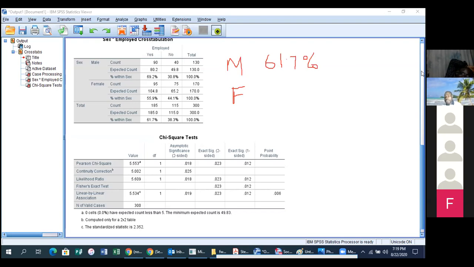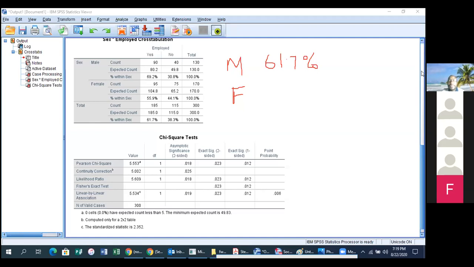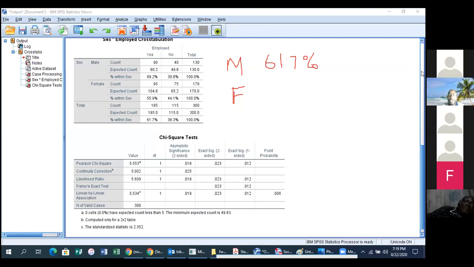If nobody did it, Fatima did it for me, Jerry. Because when I call somebody, you are supposed to have enough people; I don't need to call somebody. 104.8 over 170, what is it? 61.64. Yes, 61.64.